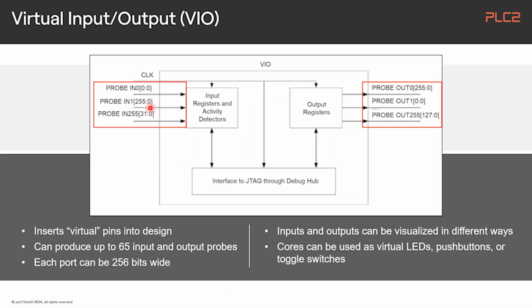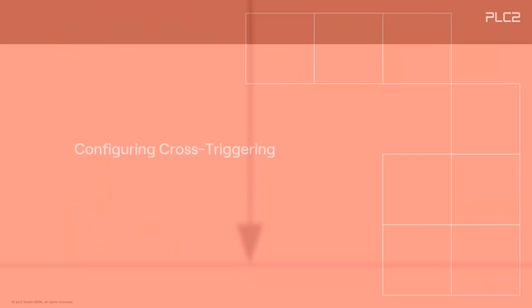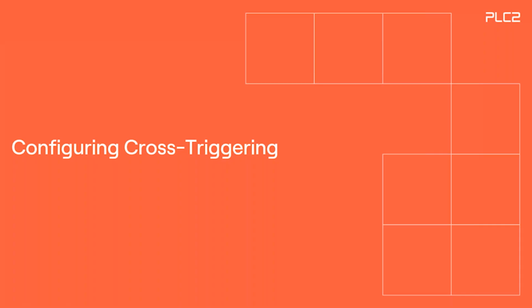The size is maximum 256 on each port, but you can have multiple ports in use. So probe in 1, probe in 2, and the same on the other side. So for many signals, you can also use the VIO core.